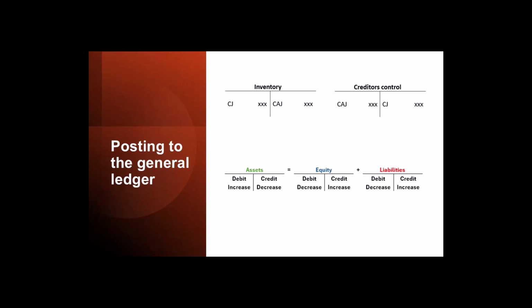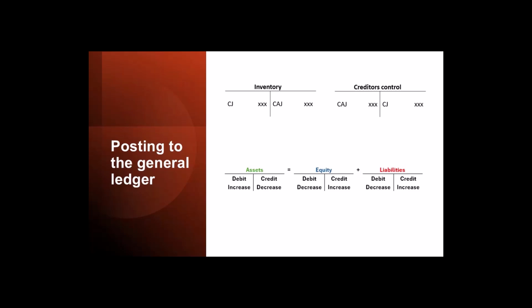The Creditors Journal increases the amount that we owe to our supplier, so it increases our liabilities on the credit side, and our Creditors Allowances Journal decreases what we owe, so it decreases the liability and is therefore debited.